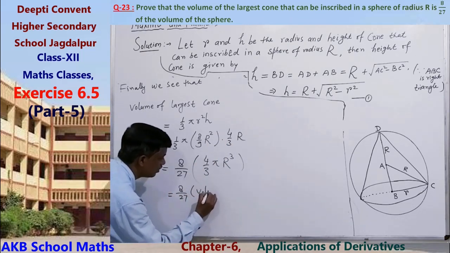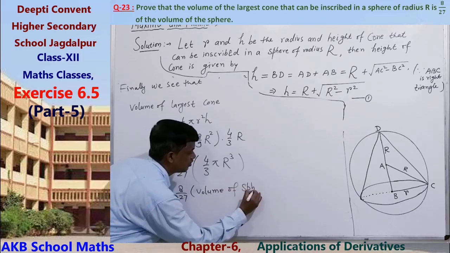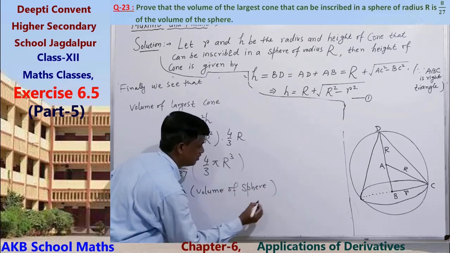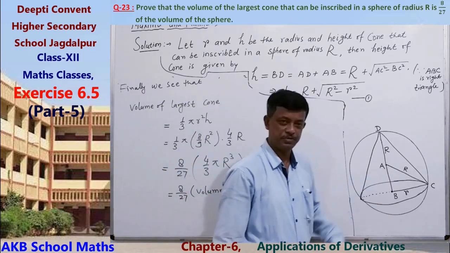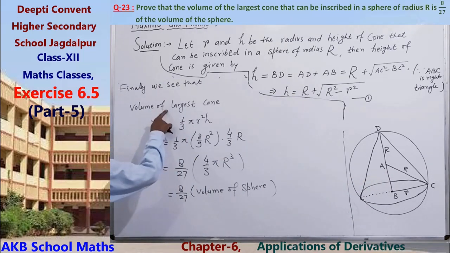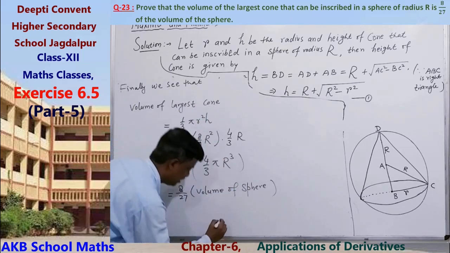This is the volume of sphere, because R is the radius of the sphere. So the volume of cone is equal to 8 by 27 of the volume of sphere. Hence proved.